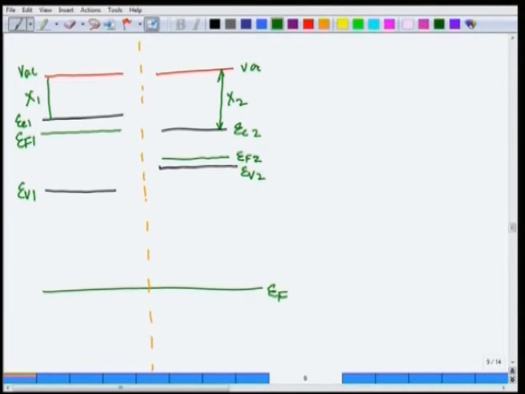Let us draw it far away. Again, look far away from the interface. Far away from the interface, we are assuming the semiconductors are very long, in this direction and in this direction. So far away from the interface, they will be unaffected. If that is the case, then with respect to the Fermi energy, the EC level will remain the same. That means N type behavior will remain the same.